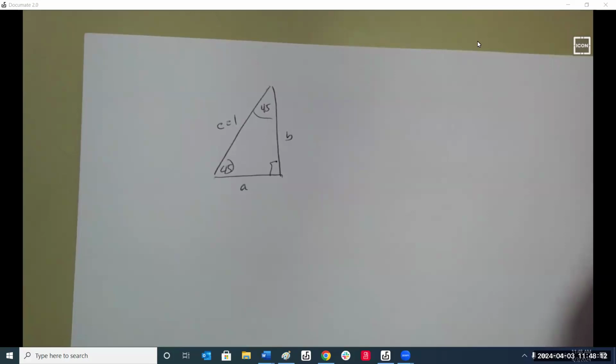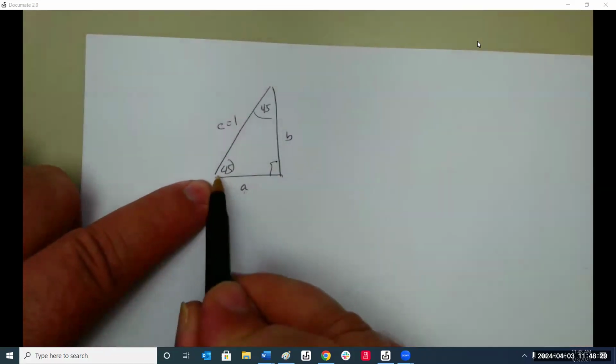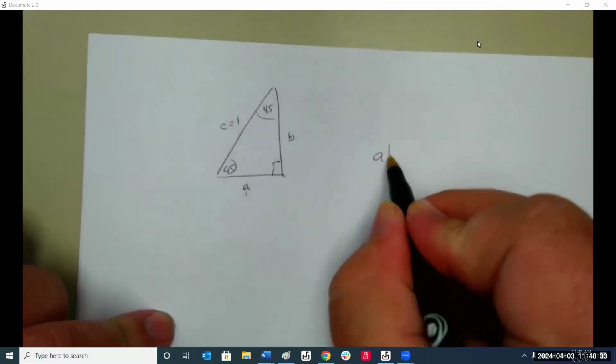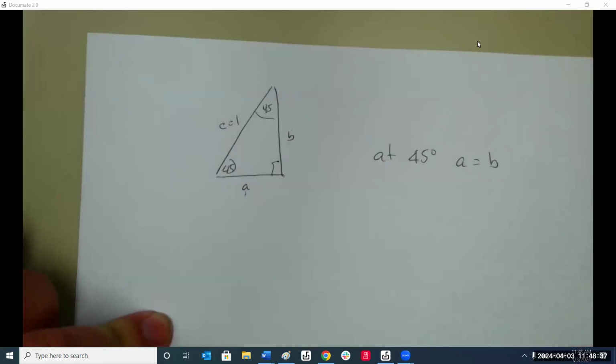How are we going to prove the 45 degree angle? Why are they equal? Because if A is here adjacent to 45, well, this is also 45, so A equals B. Very good.